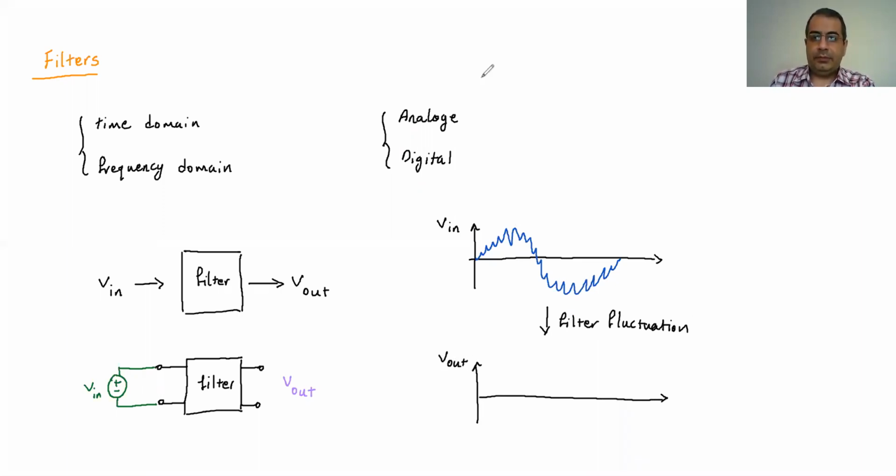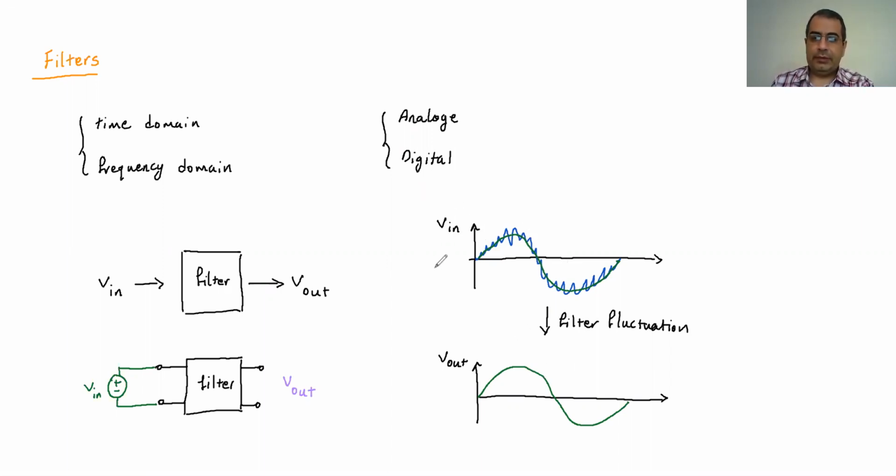So there's going to be the V out. The output would look like this. So what is that output? Basically the output is this one that I want. You can see it here: I have those fluctuations, and if I remove those fluctuations, this is what I'm going to get.